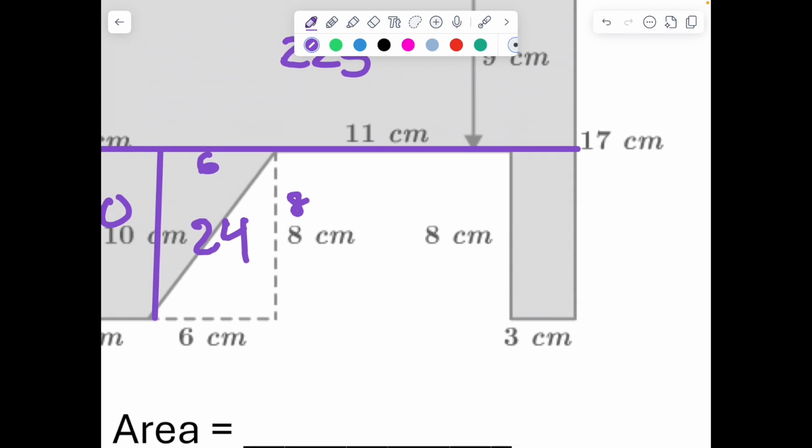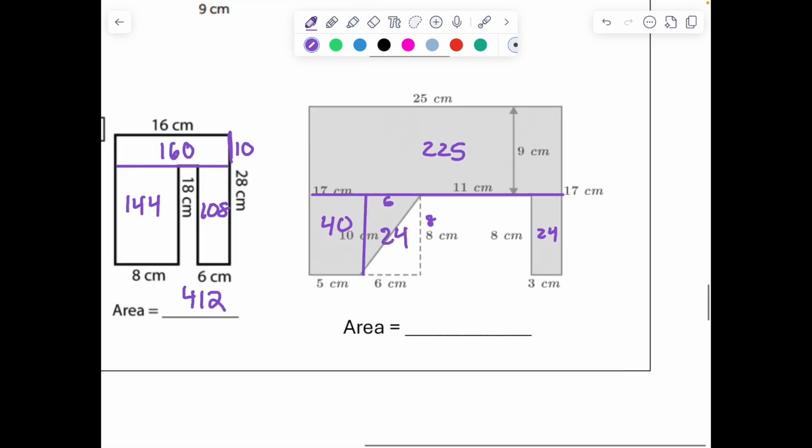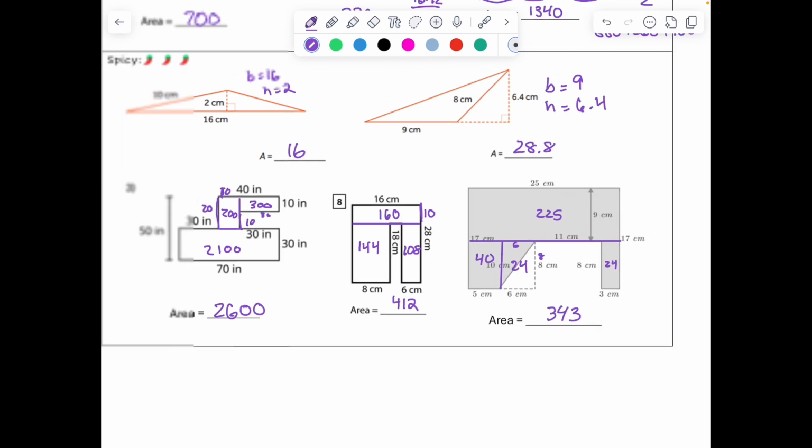Then we've got an 8 by 3 rectangle here, which is 24. And there we go. So 225 plus 24 plus 24 again plus 40 is 343.